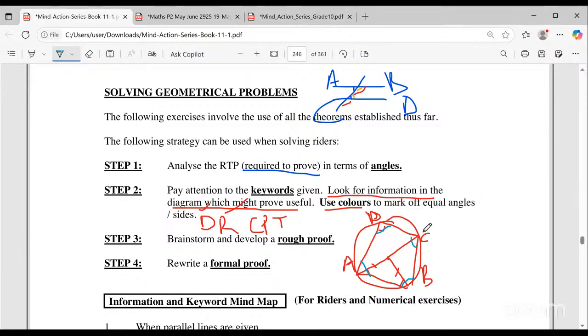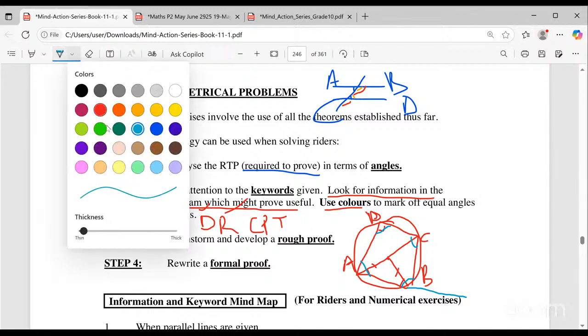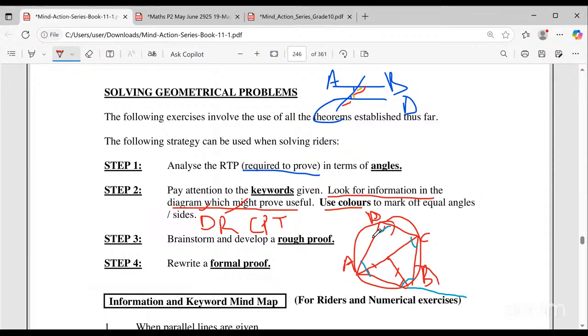Then there is also this line extended on AB. Then you can now say that this angle is equal to this angle, reason being exterior angle of a cyclic quad is equal to interior opposite angle. And then you are done with the cyclic quad.